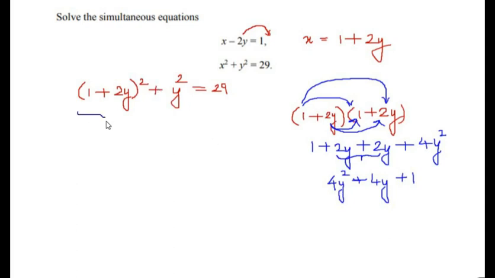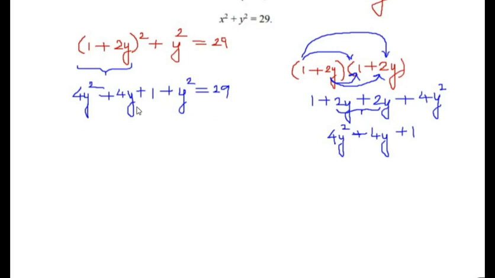Now in place of 1 plus 2y, the whole term squared, I can just write its simplified form as 4y squared plus 4y plus 1, and this plus y squared, I'll write it again, equals 29. Now again, combining the like terms, we can write it as 4y squared plus y squared, that is 5y squared, plus 4y plus 1.